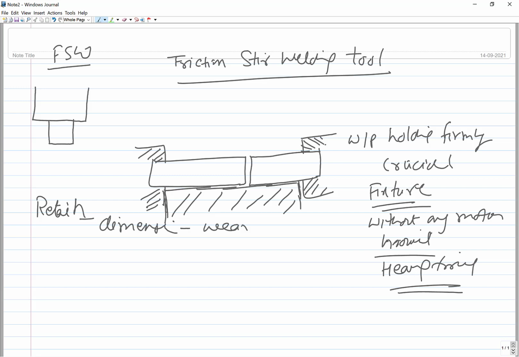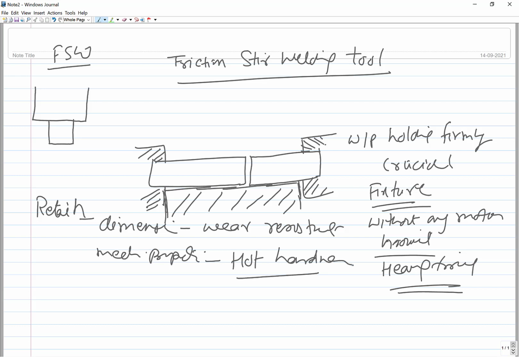Okay, so it means it must be wear resistant, and it retains its mechanical properties, like say hot hardness, it must retain its hardness, and it must be tough enough so that when it is plunged or when it is moved, it doesn't get fractured.